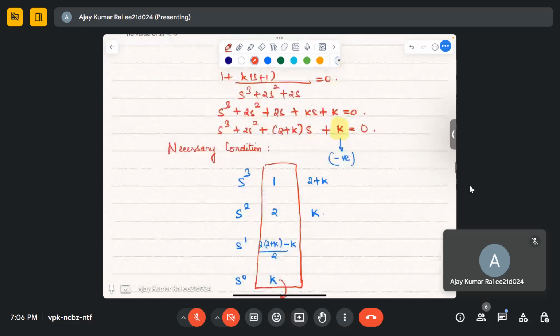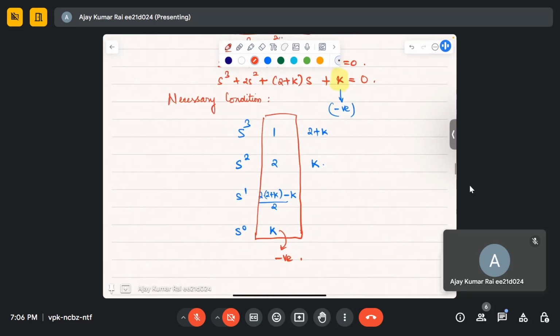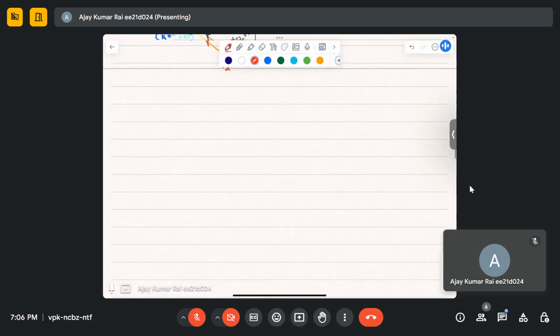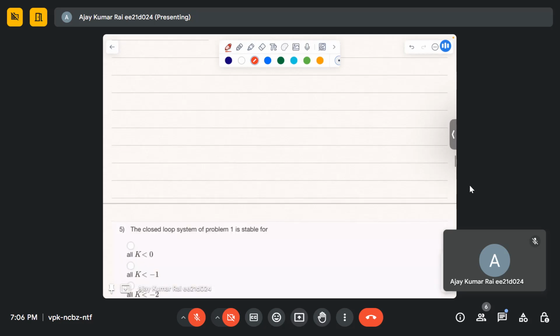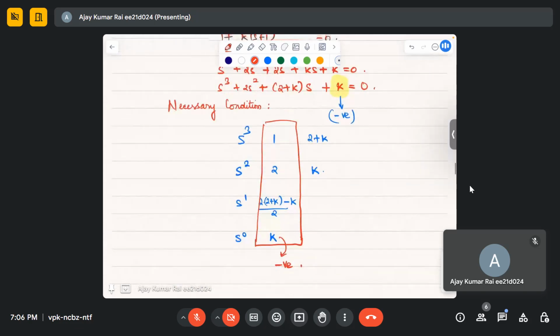So the closed loop system will be unstable, because the roots are lying on the right half plane. And we have also confirmed it by looking at the root locus. So the answer is no value of k. The closed loop system of problem 1 is stable for no value of k. So this is an unstable system.